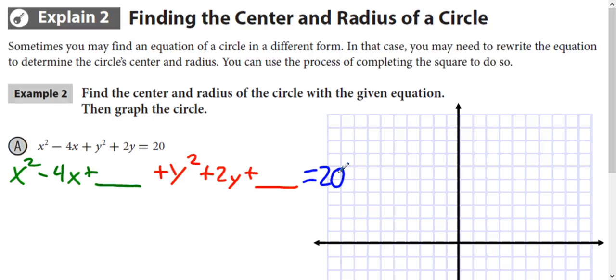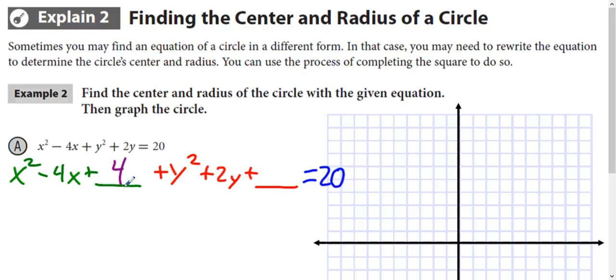Now, the only thing that's different about these questions than what we were just doing with that little activity is, since it's an equation, if you add something to the left side of the equation, you also have to add it to the right side of the equation. So when we fill in this blank right here with the b over 2 squared, we fill that in with 4 divided by 2 is 2, 2 squared is 4.